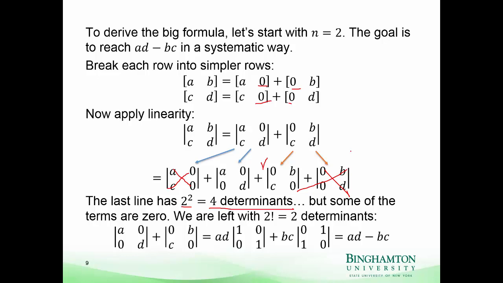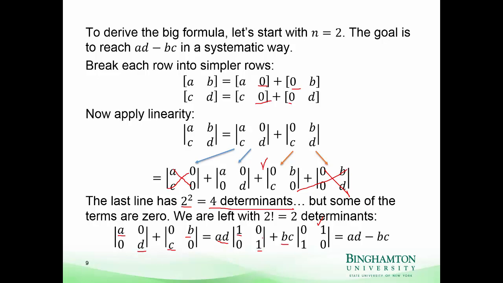We then end up being able to pull out, again using the linearity idea, A and D times these elements, so we can pull each of those out, and we're left with essentially the identity matrix. We can pull the B out and the C out, and we're left with the flipped identity matrix.